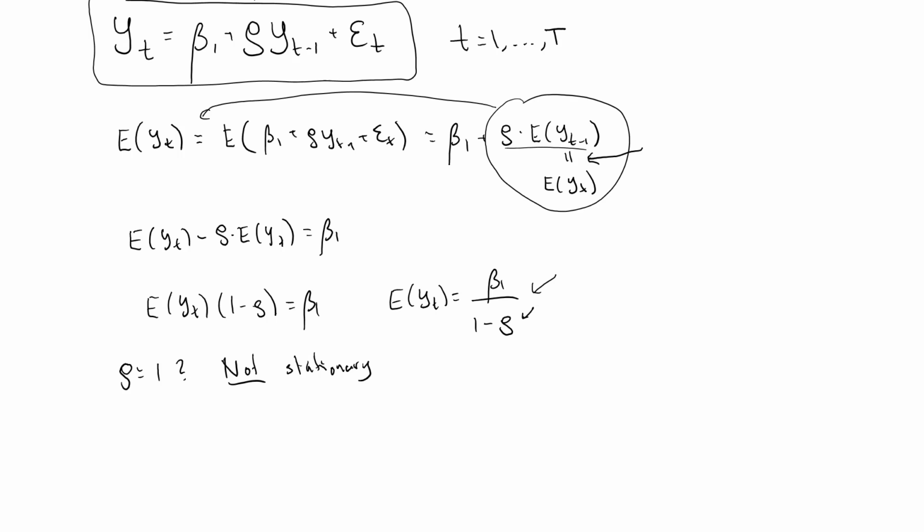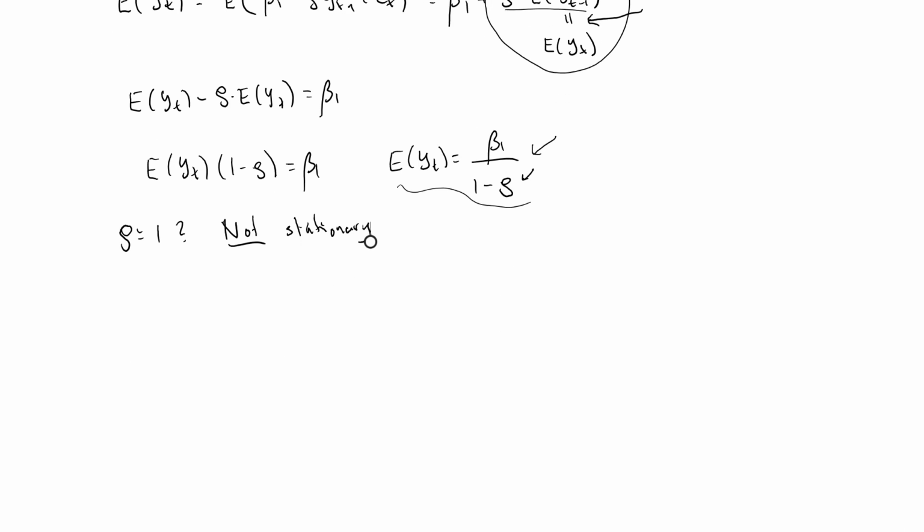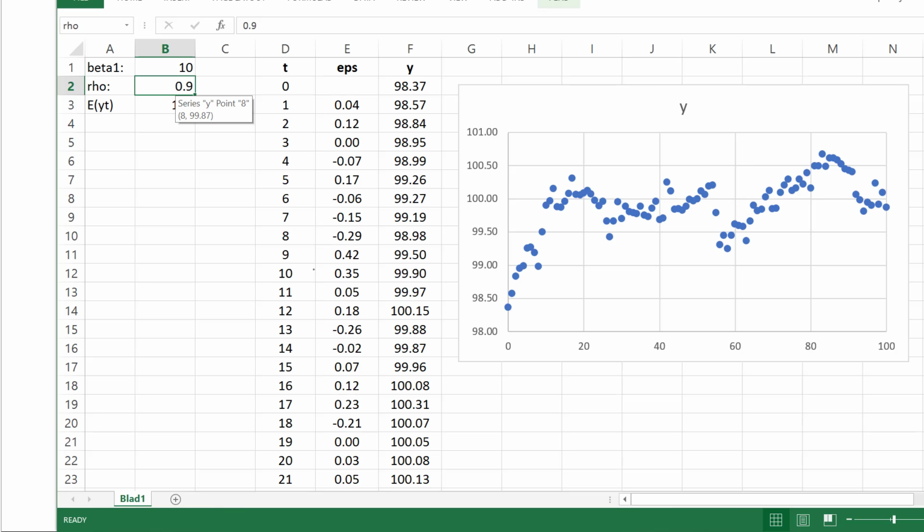So if it's not stationary, this whole formula is pointless. Now, it turns out that when rho is equal to minus 1, then the same problem will actually appear. So it's not stationary here as well. We can see that also in the simulation study. The whole thing just goes nuts.